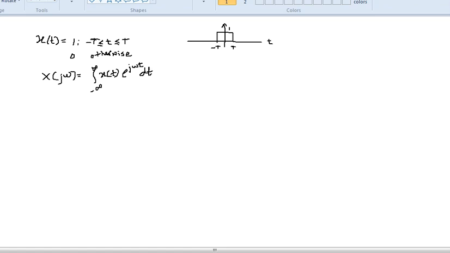So we know this equation. Let's substitute these values. The signal is 1 only in this range and 0 elsewhere, so the integration will be from minus capital T to plus capital T. x of t is 1, no need to write it. Now it has to be e raised to minus j omega t dt.